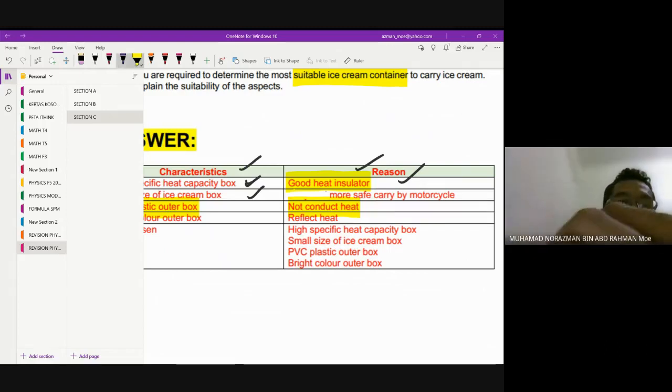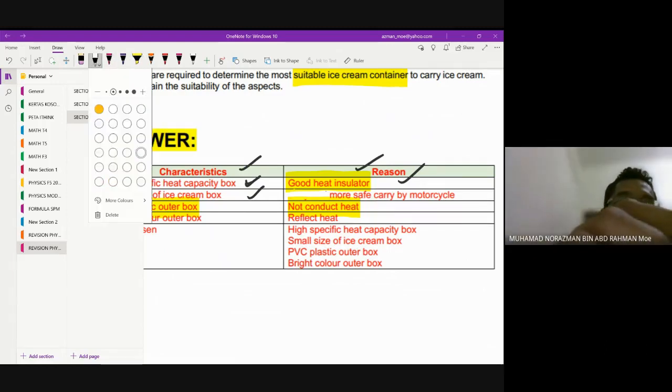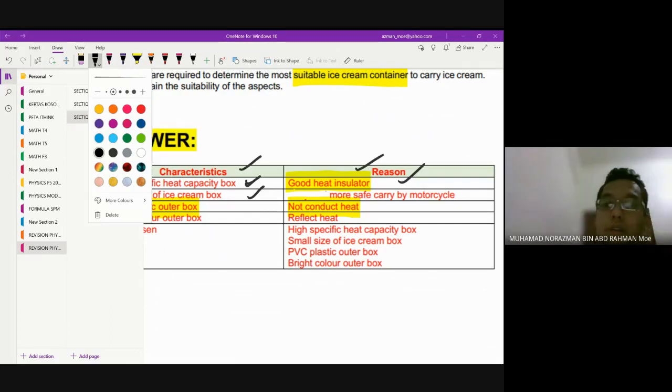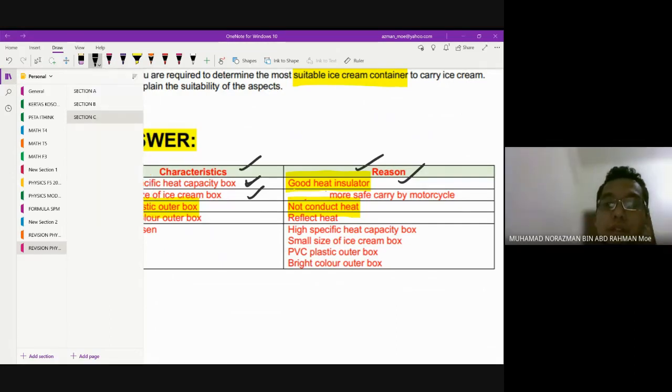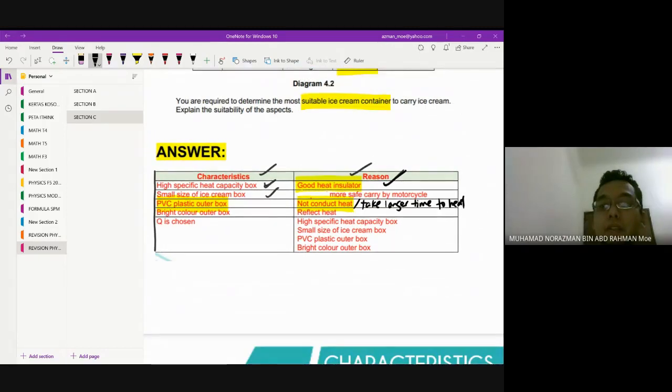Or if you use good heat insulator here, then you can write takes longer time to heat. Also can. So basically this explains about heat insulator.